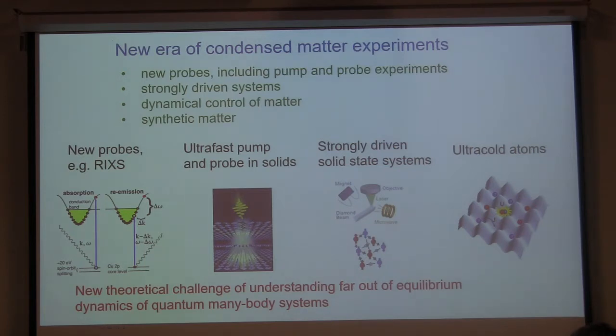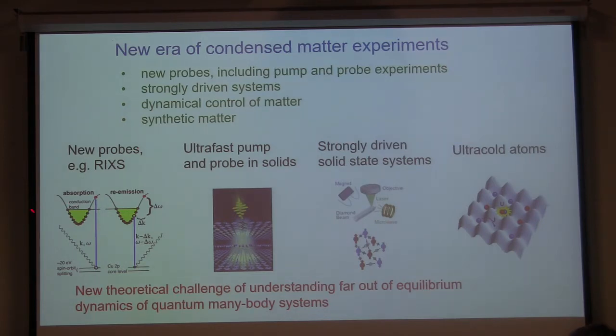So you already heard about systems which are very well isolated from the environment, and so they can actually support coherent many-body evolution for long times. But also some of the techniques rely heavily on non-equilibrium dynamics. So, for example, a lot of scattering experiments is being done with resonant X-ray scattering.